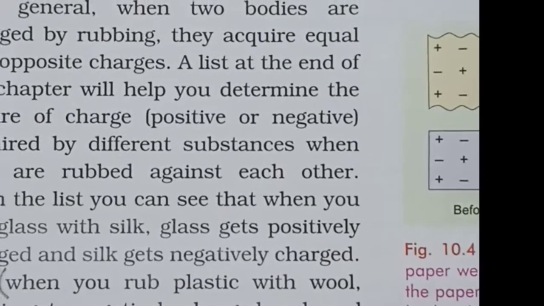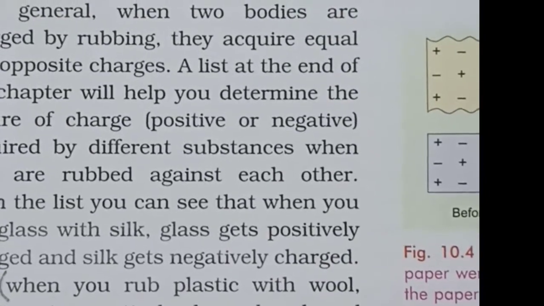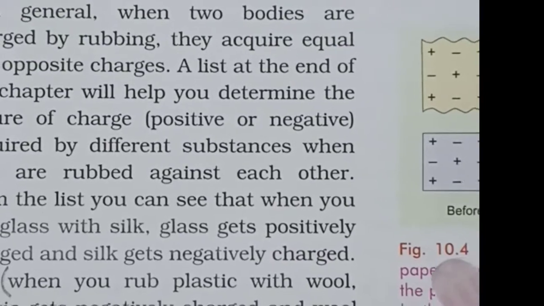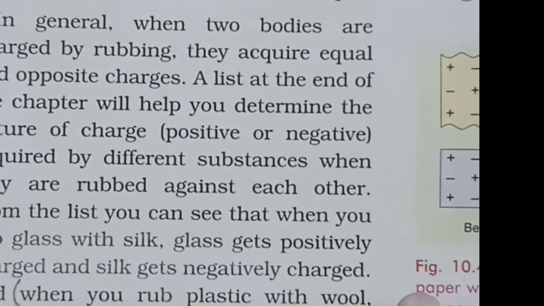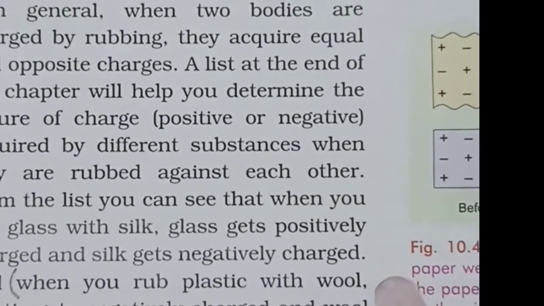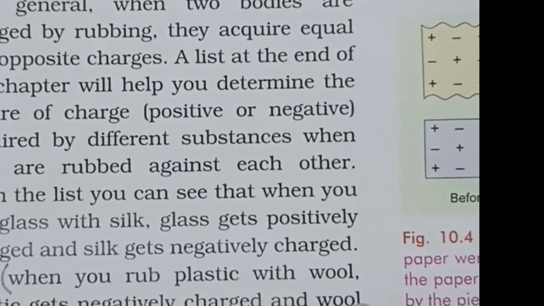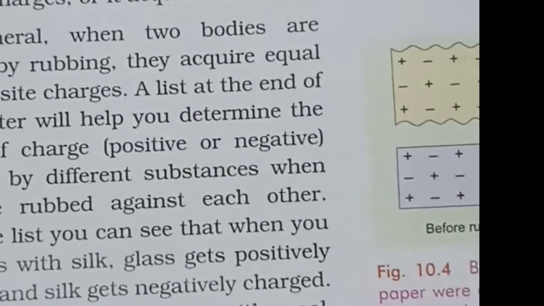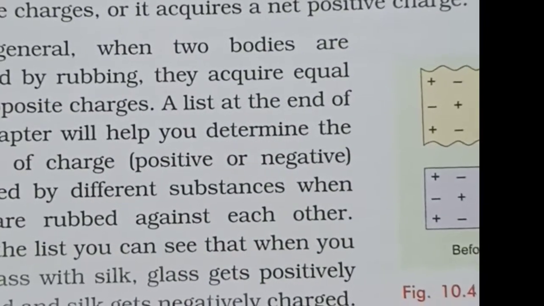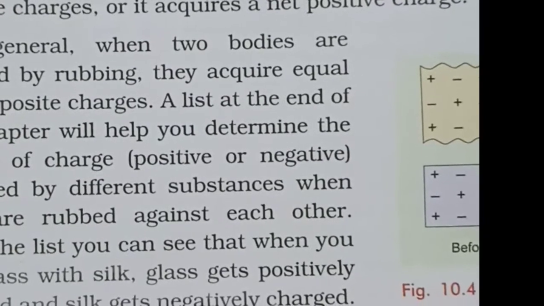The one which loses electrons will become positively charged. As much positive charge as is acquired in this body, the same amount of negative charge will be acquired by the other body which gains those electrons.